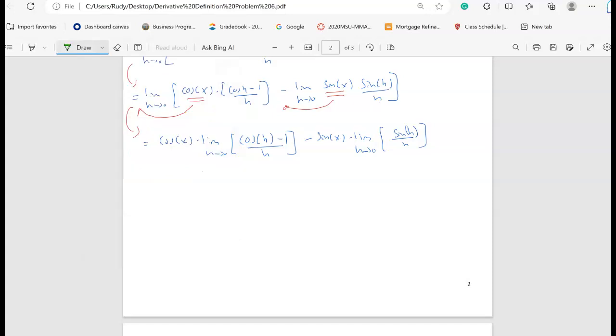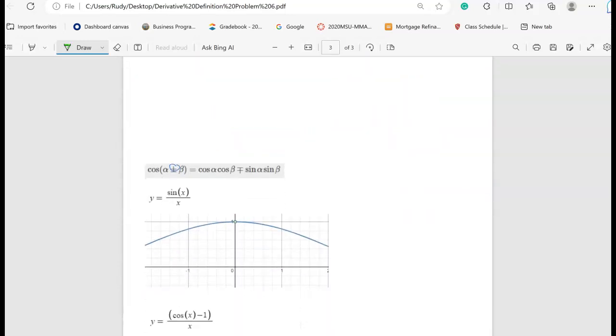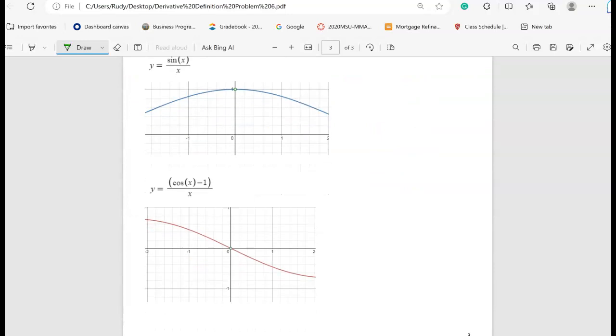Let me write them in green. In this case, let me just put a comma. The limit as h approaches 0 of the values of cosine of h minus 1 divided by h represents this one, except that in decimals, I'm using x's, and you can see that the limit is defined at 0.